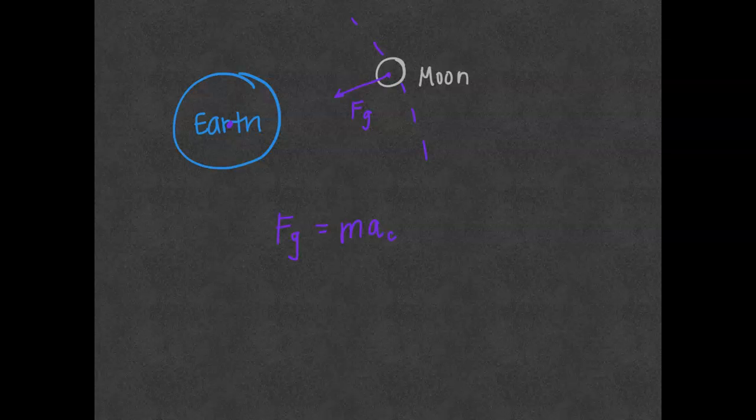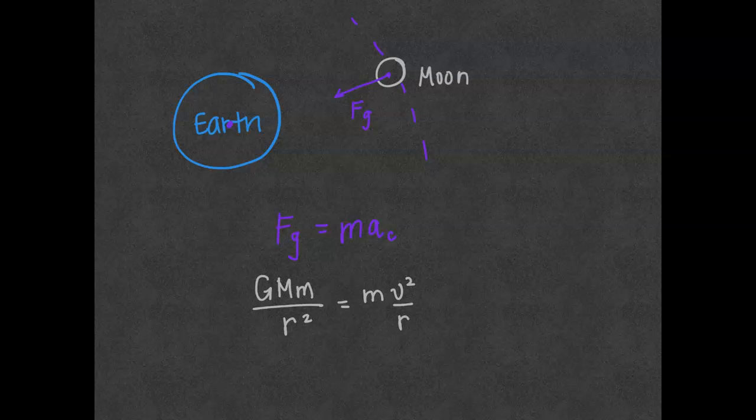There's no other force acting on it. So the gravitational force is center seeking. So our gravitational force, which is G M m over r squared, would be equal to m times v squared over r.